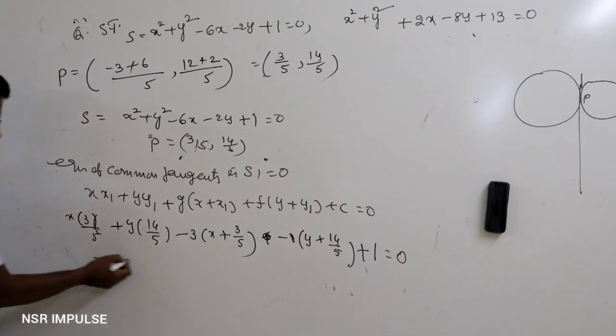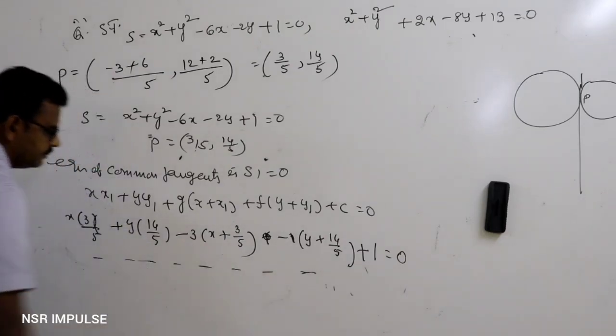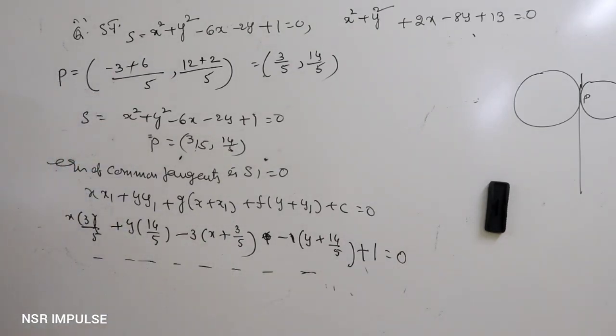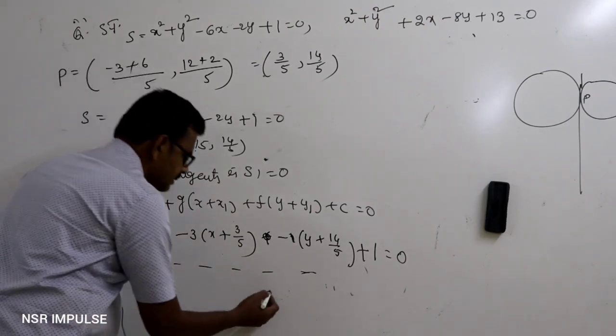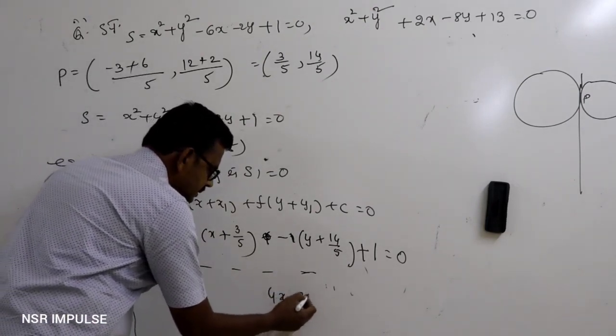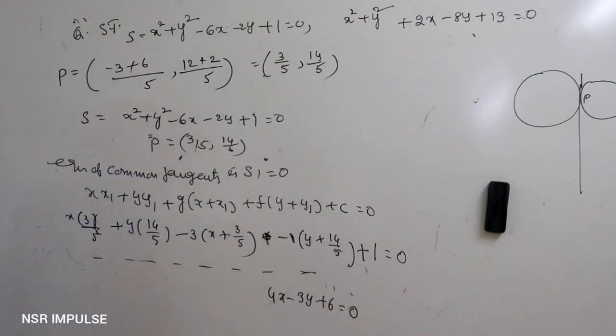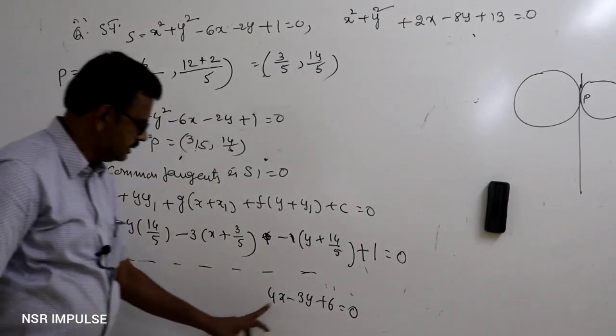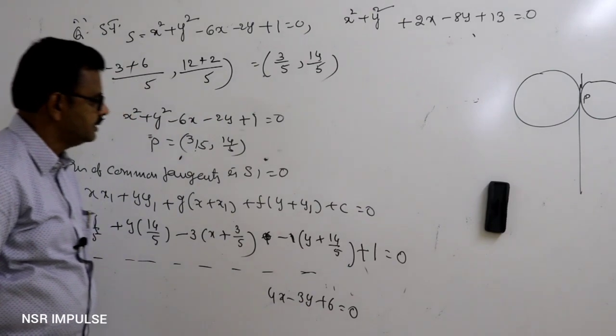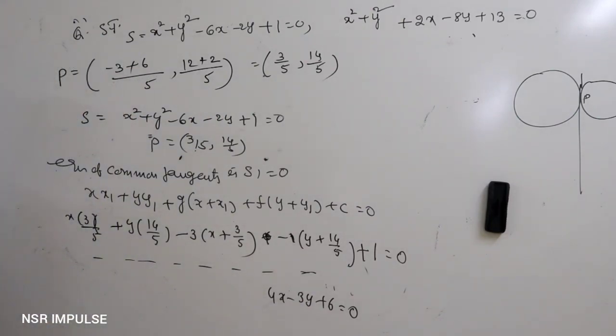So this we have to calculate. S1 equal to 0. So finally you get 4x minus 3y plus 6 equal to 0. So that is the equation of common tangent: 4x minus 3y plus 6 equal to 0.